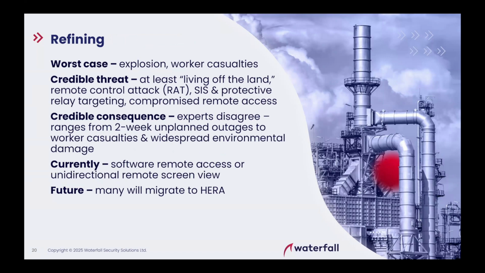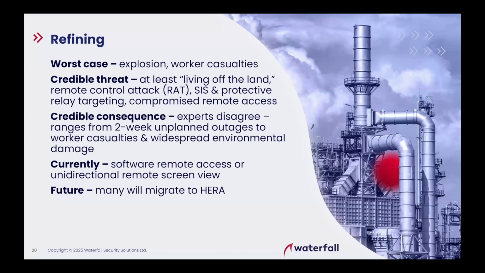Targeting protective relays has happened in the electric sector, not in refining, but that's an industry close enough that pretty much everybody in refining sees all of these threats as credible threats. These are out in the world and threats that people have to be aware of. What's a credible consequence? Can those threats bring about deaths and explosions at the refinery? This again is where experts disagree.